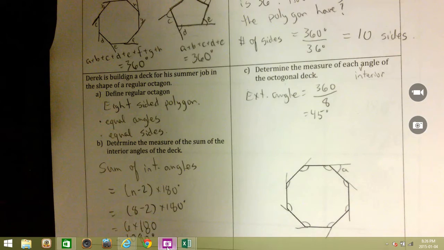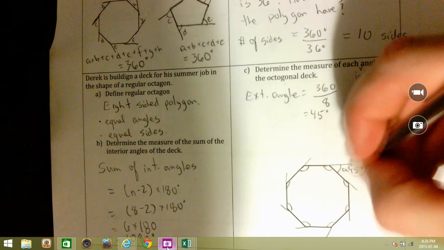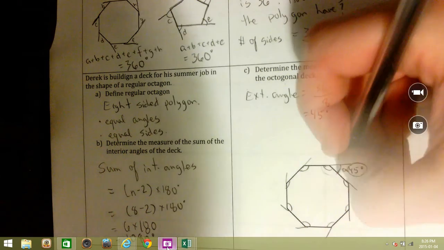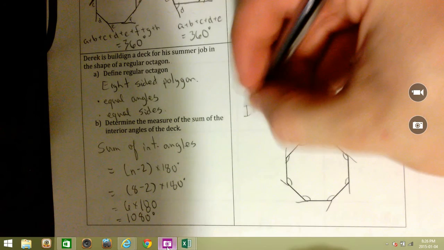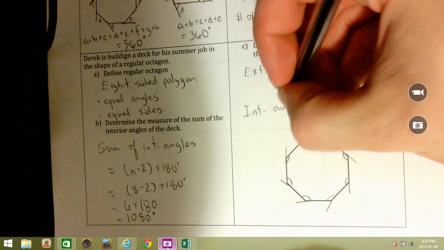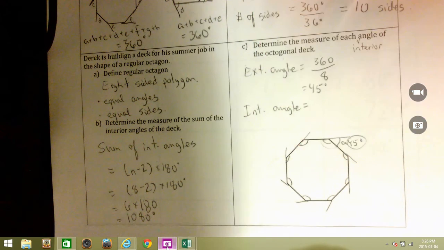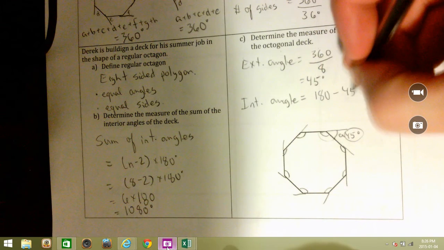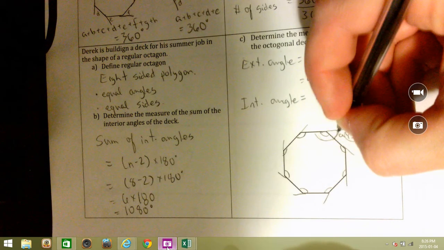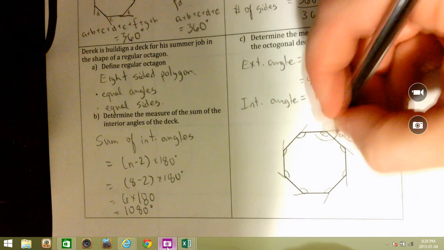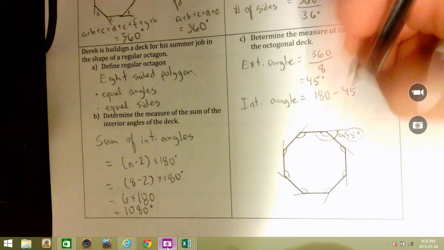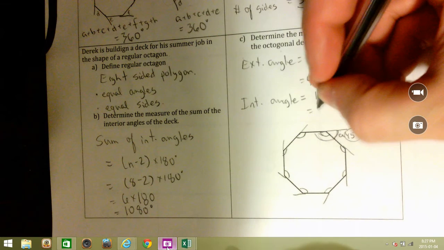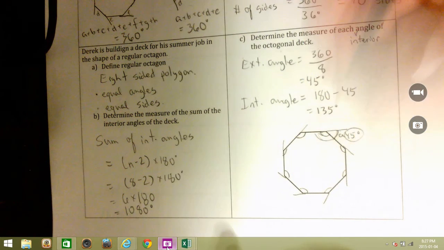So this is 45 degrees here. What this means is that this interior angle has to be 180 minus this 45, because right here I have 180 degrees made up of this angle and this angle. So 180 minus 45 is 135 degrees.